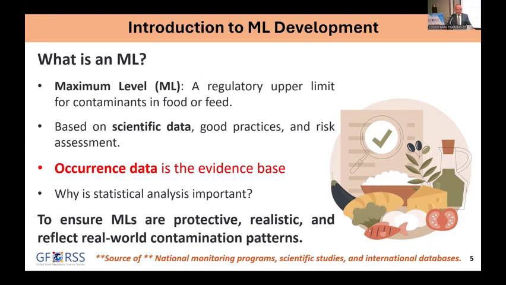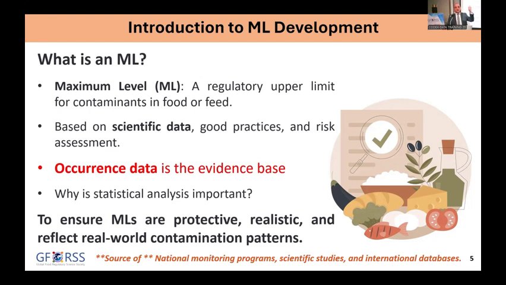Okay. Why is statistical analysis important? To ensure MLs are protective, realistic, and reflect real-world contamination patterns. I believe this sentence can summarize all that we want to take as filters in our data analysis. We should always think about this.